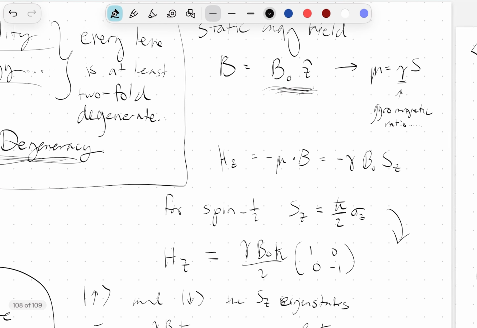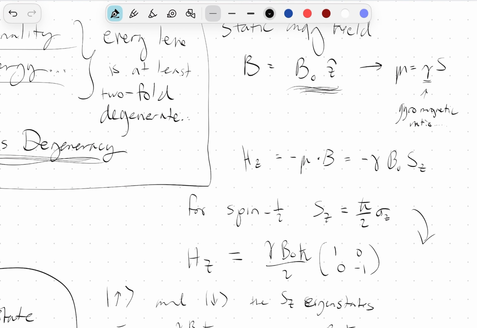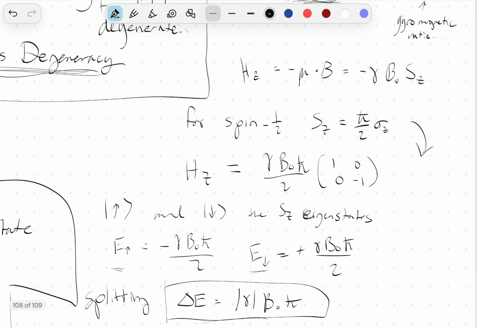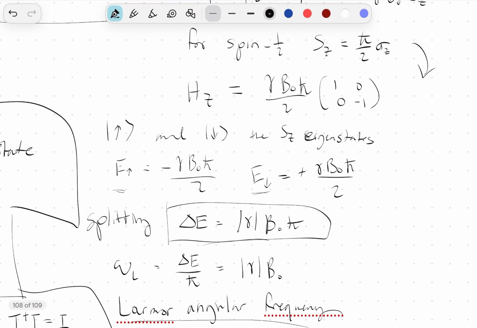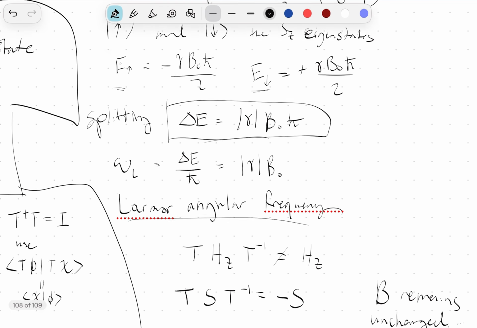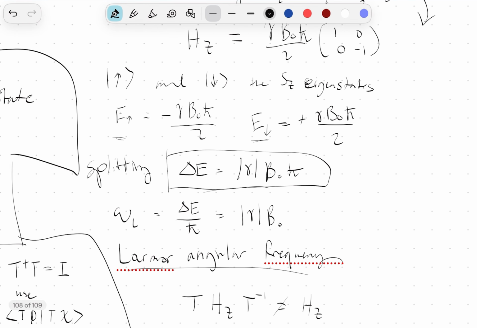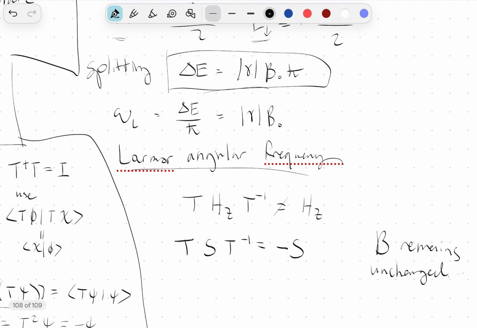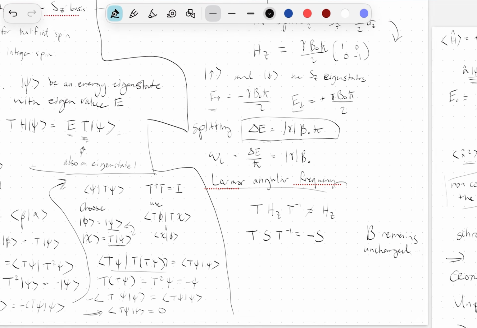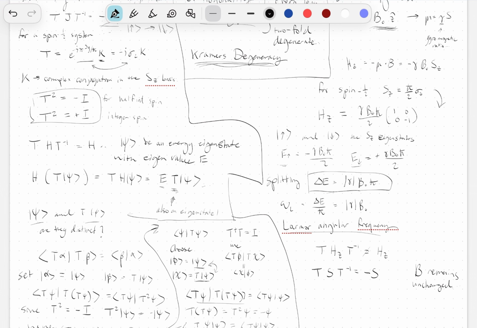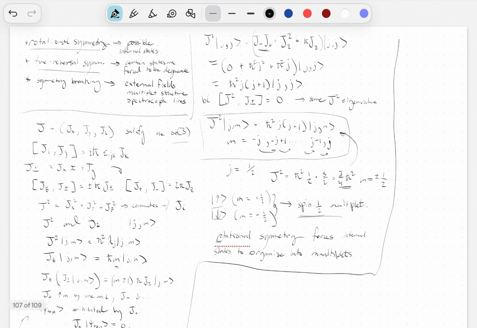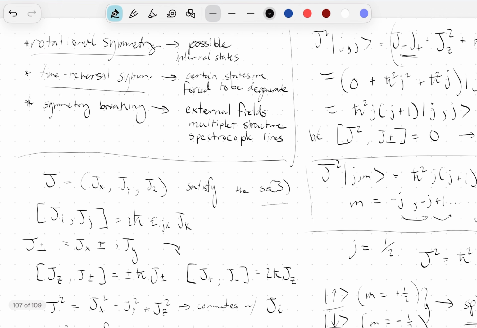The external magnetic field applied to this system will break the time reversal symmetry, and the Hamiltonian now distinguishes between these two orientations, and it splits these formerly degenerate pairs by an amount proportional to the field strength. So in a way, rotation in physics tells you what states are actually allowed to exist.